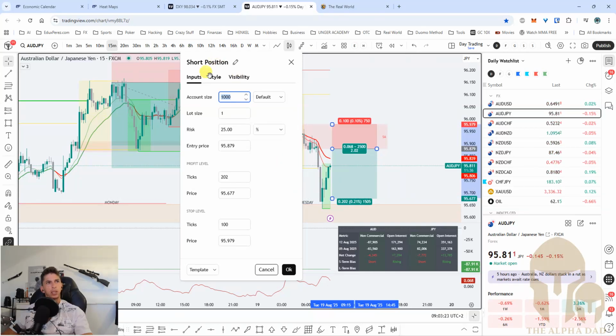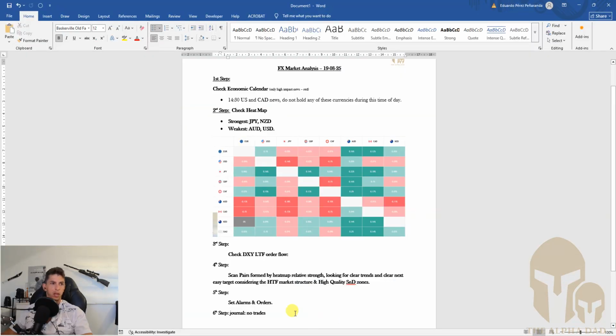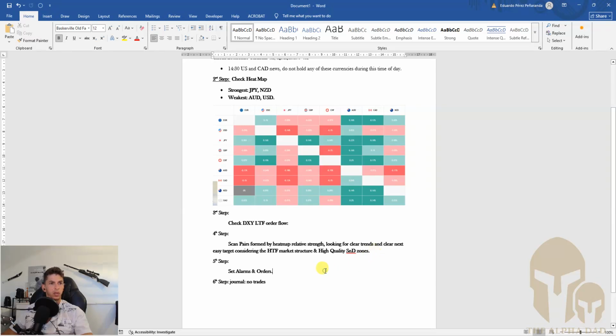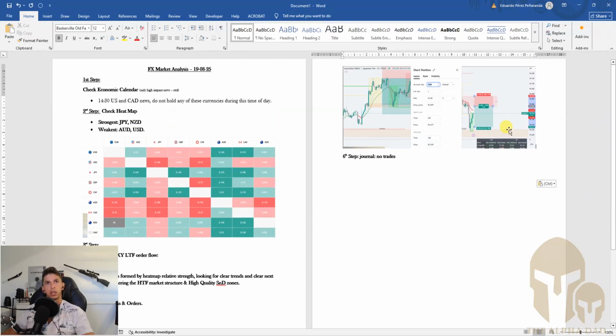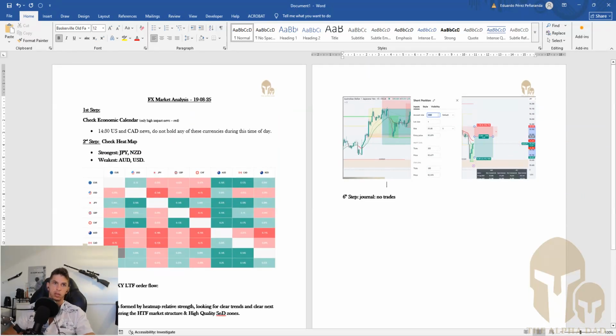I know that I said that I don't like to trade crosses, Asian crosses, right? During our session, but this actually looks good.